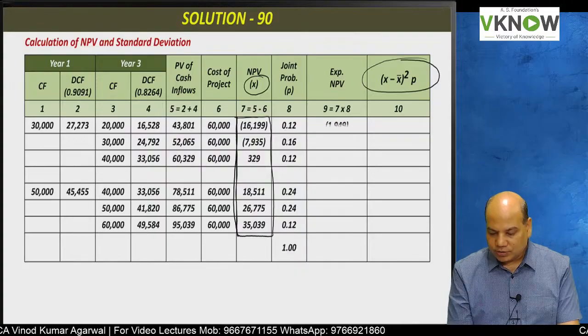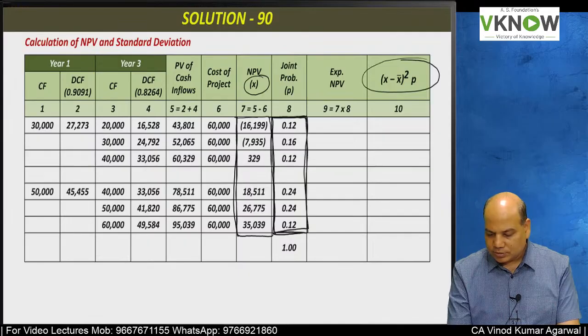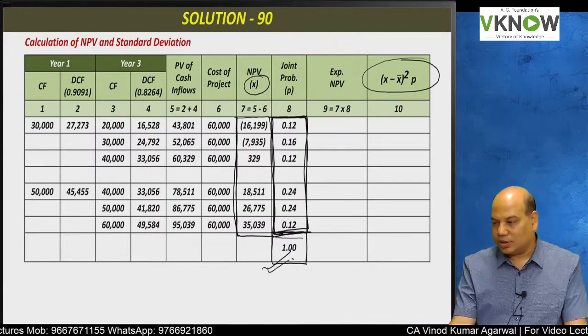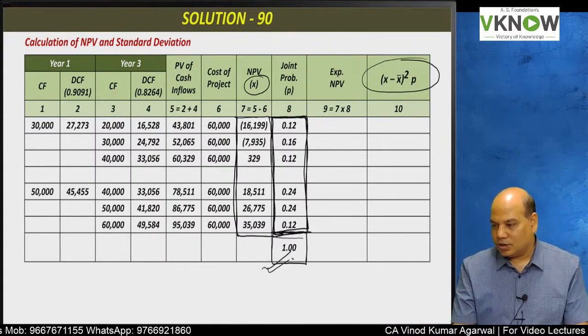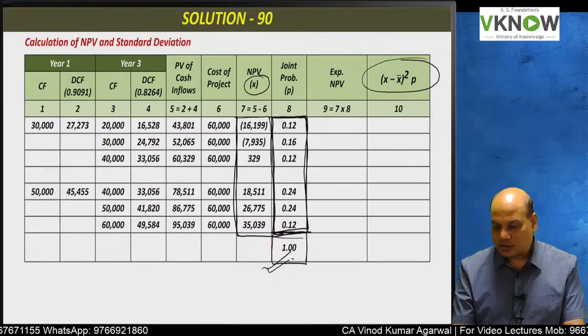For cross check, take the total just to ensure that the sum of the probabilities is equal to 1. If you make any calculation mistake and the total is not 1, you will be able to understand. Is it right?